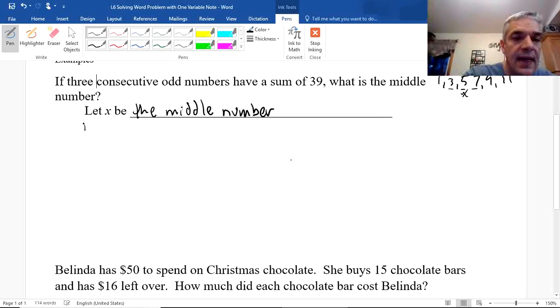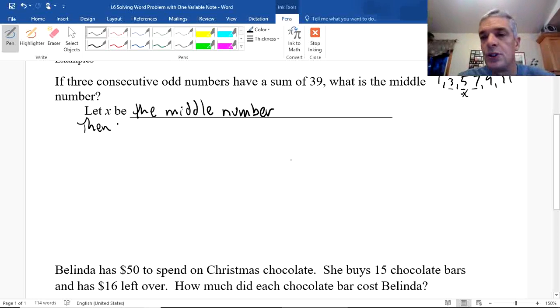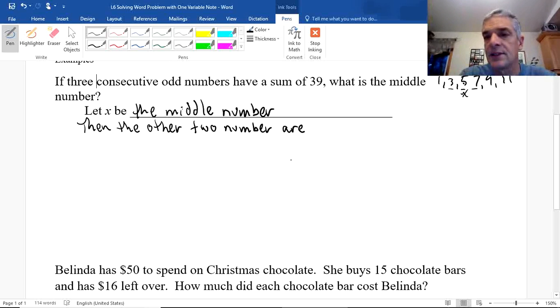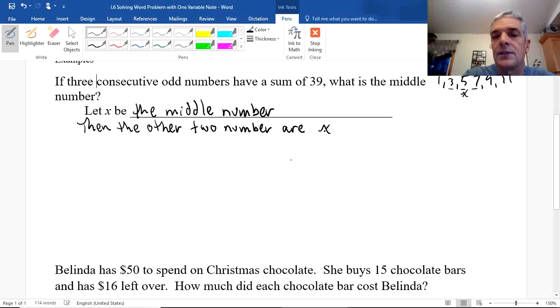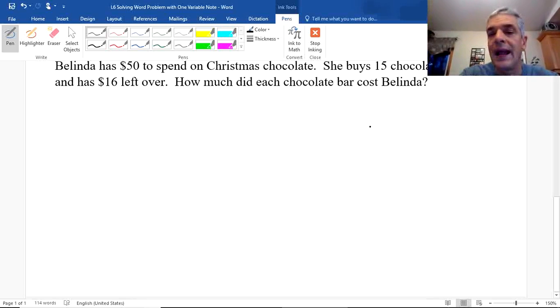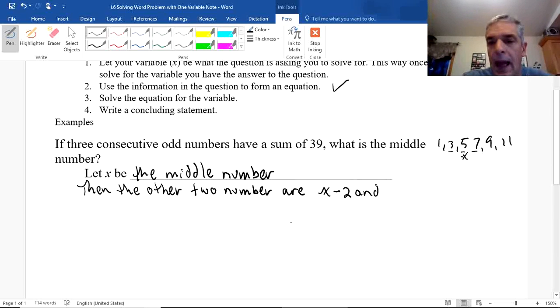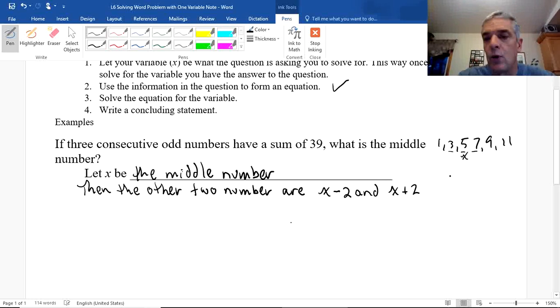Then the other two numbers are, and how could we get from x to 3? x minus 2 and x plus 2, because in order to get 2 back or 2 ahead, I would subtract 2 and add 2.